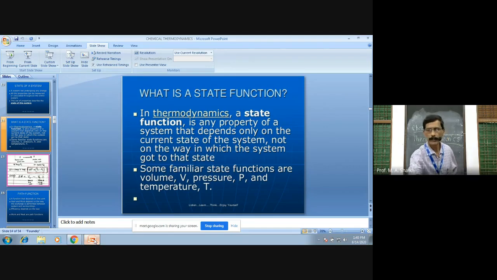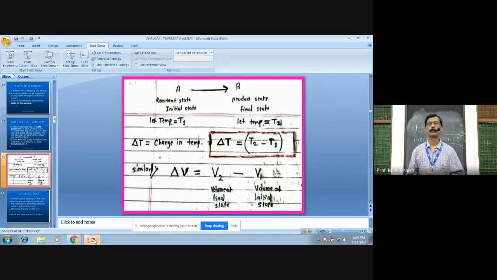We'll go for the next slide. Since a state function depends only on two states, initial state and final state, we can find change in state function by using the two values of state function, one at the initial state and other at the final state.